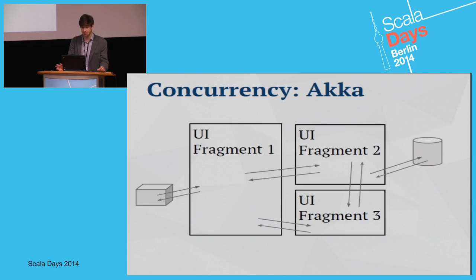So another Scala library which could be really helpful is Akka. So why would you use Akka on Android? Well, suppose that you have a big composite interface with several panes, and you have data coming from this cylinder and this cube, whatever they are, so different web services, and it's all asynchronous, and when you move a slider in one part of the interface, something happens in the other part of the interface.